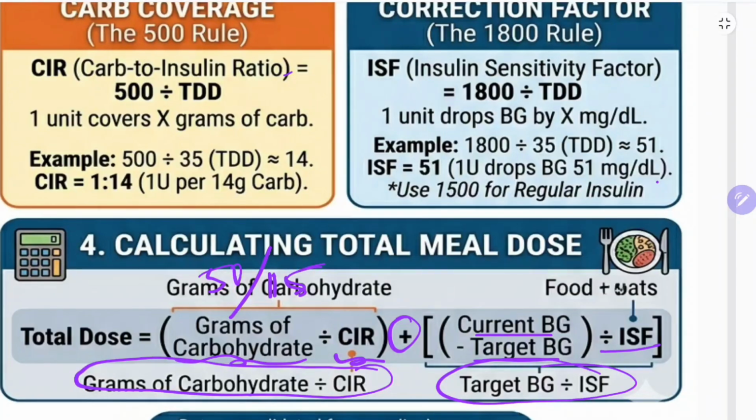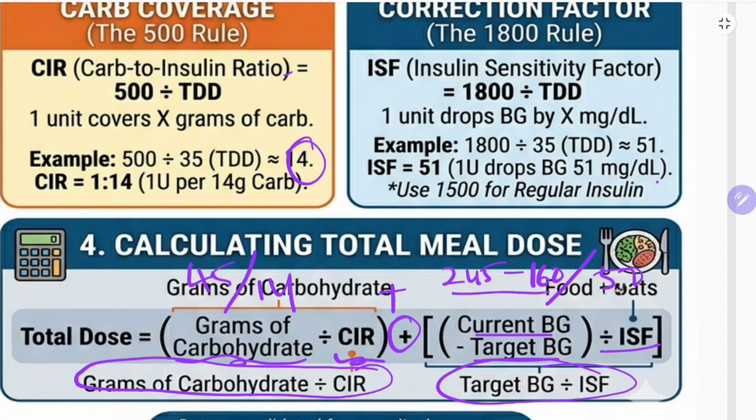You can take a rounded value. Take it as 45 grams of carbohydrate consumed by the patient, to make it easy, divided by CIR, here it is 14, plus current blood glucose, say 245, and say the target blood glucose is less than 180, so you can take it as 160, divided by 50.